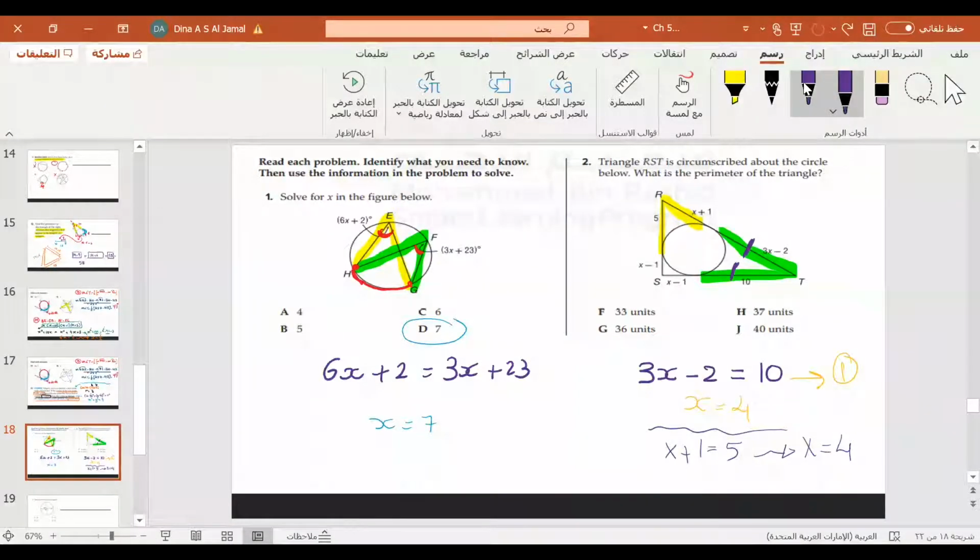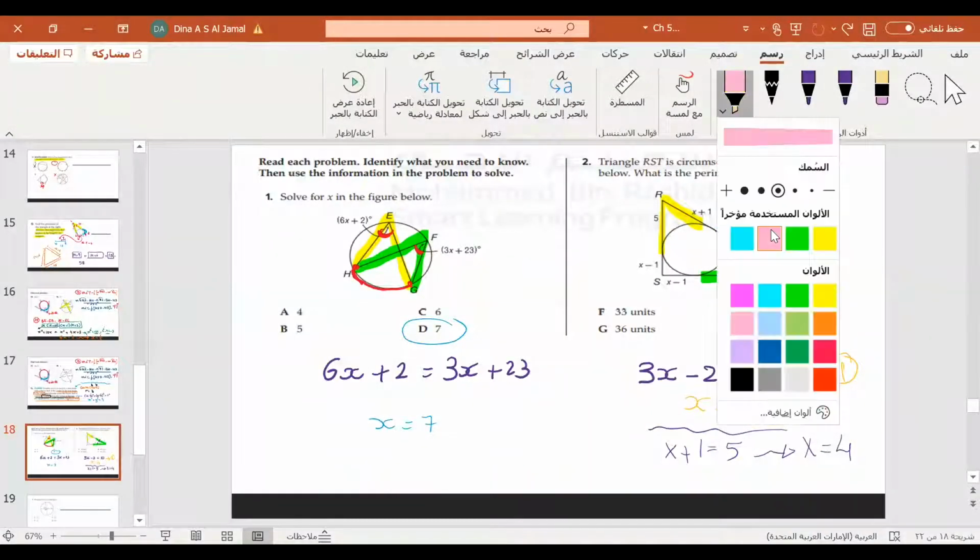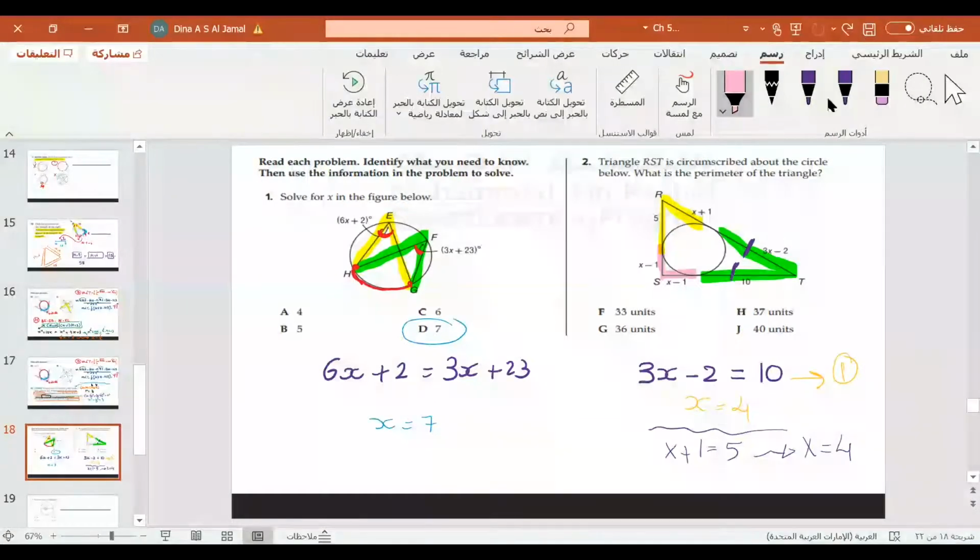Now you can take your x, and this is congruent to the other, so substitute with it. If you substitute here, it will be 3 times 4, which is 10, the same value as this.